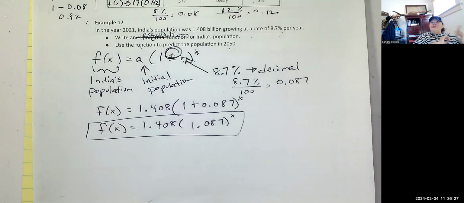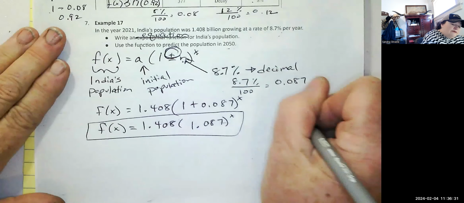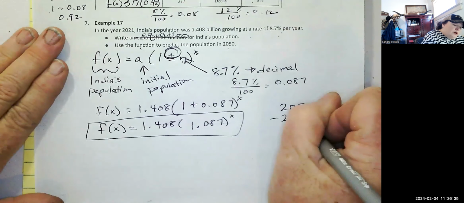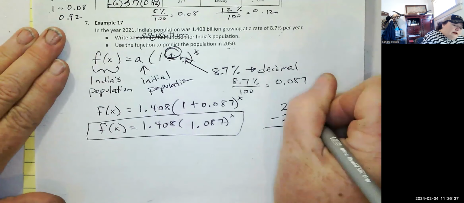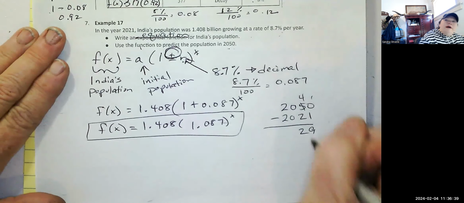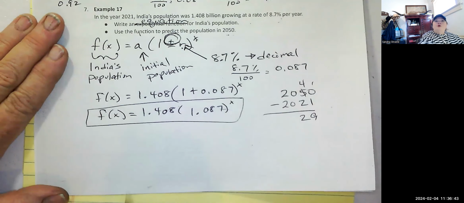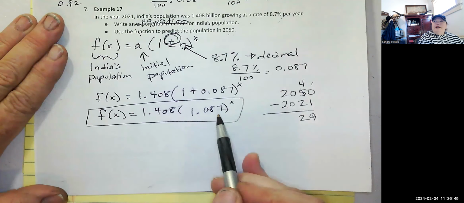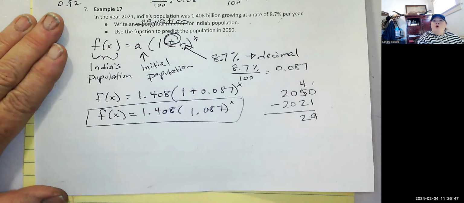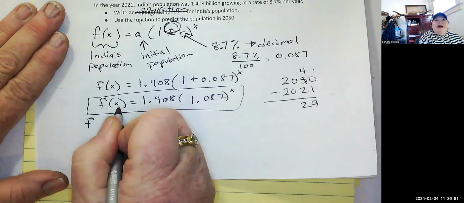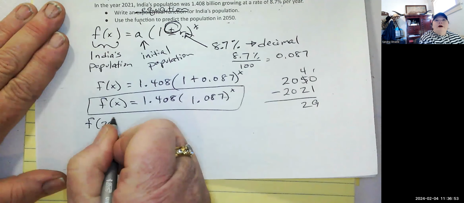So this is how far in advance of that. That's taking 2050 and subtracting 2021. And we get 29 years. So we're saying 29 years after, when this equation is legit, what is the population? So that means I need to take the x and plug in 29.